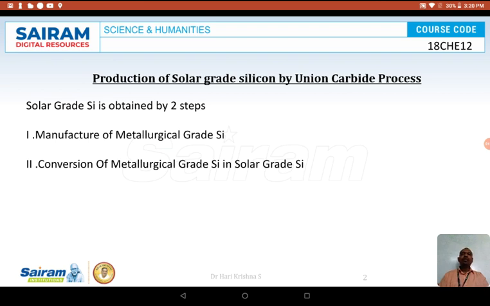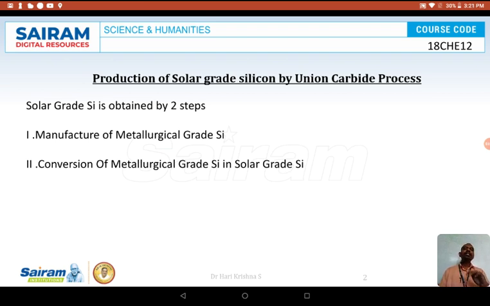manufacturing photovoltaic cells. We have another type of silicon called semiconductor grade silicon. As the name indicates, that silicon is used only to manufacture semiconductors. The impurity level in semiconductor grade silicon is very, very low.